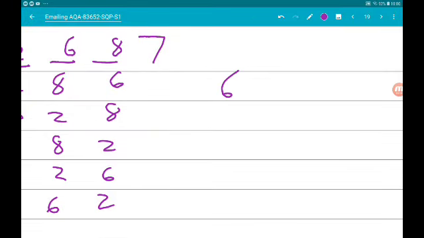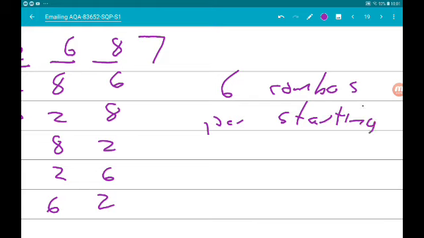So 6 combos per starting digit. So, for example, if we put 6 now as the starting digit, we would get another 6 possible numbers.